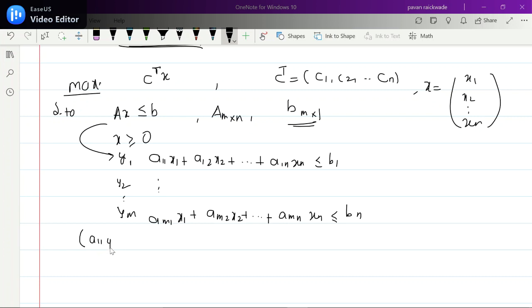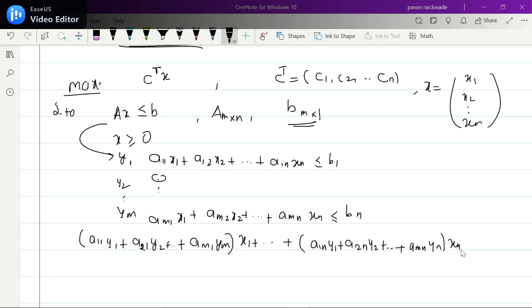We will get (a11 y1 plus a21 y2 plus up to am1 ym) times x1, and the same thing up to the last variable, (a1n y1 plus a2n y2 plus up to amn ym) times xn, less equal summation bi yi.